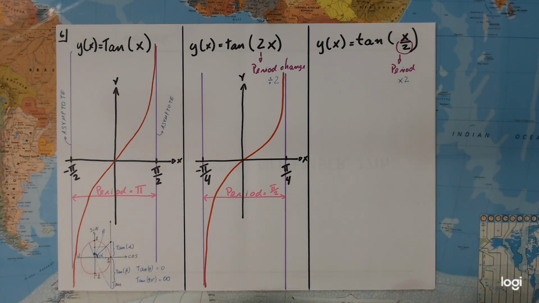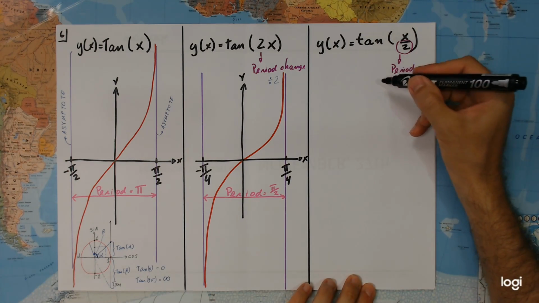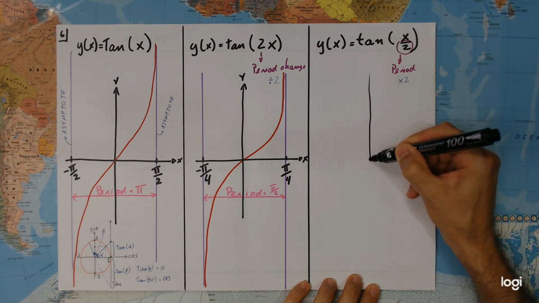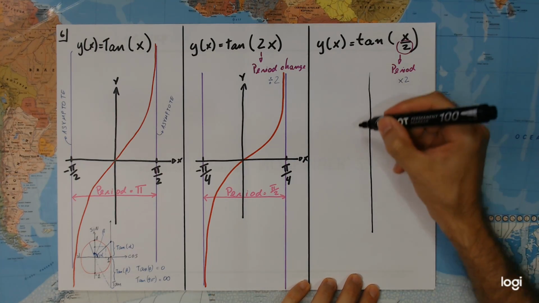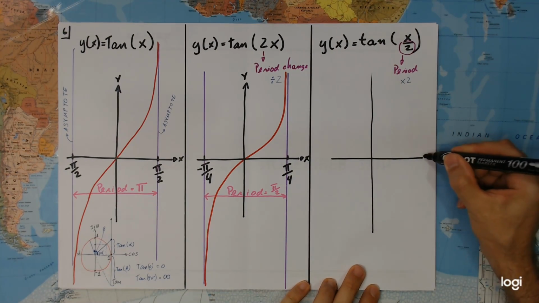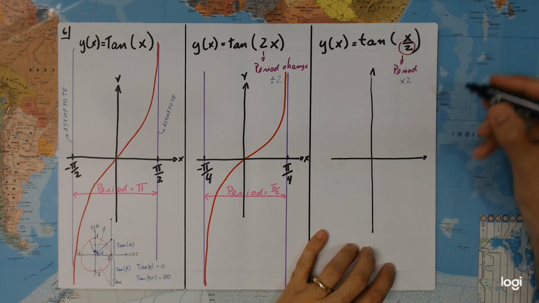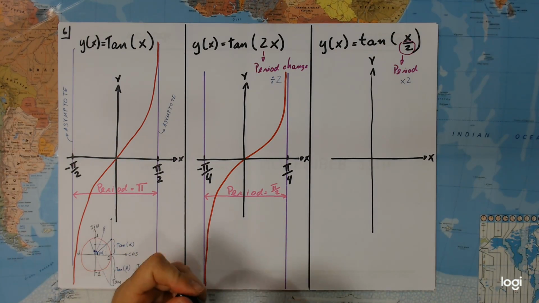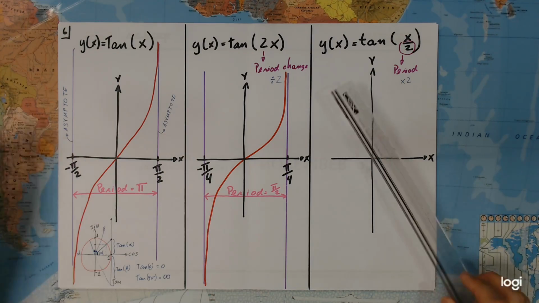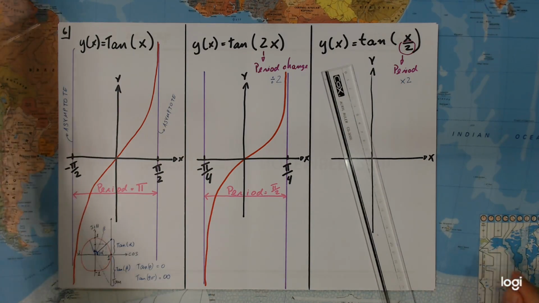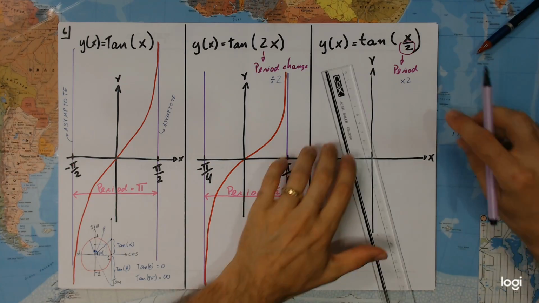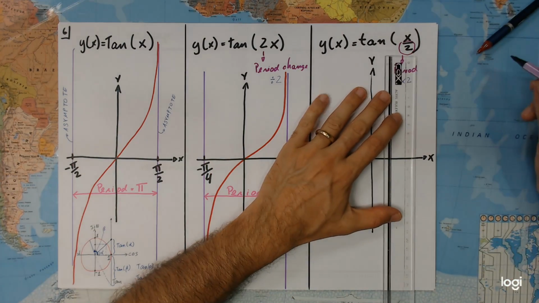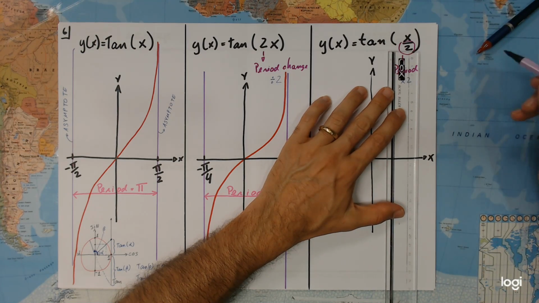Again, let's do this in here. This is x, this is y. Again, let's draw right now the asymptote.